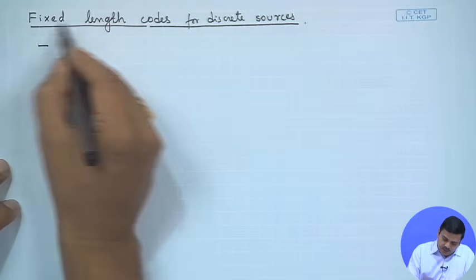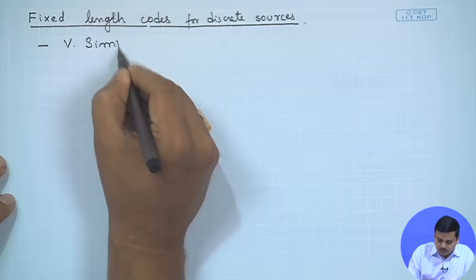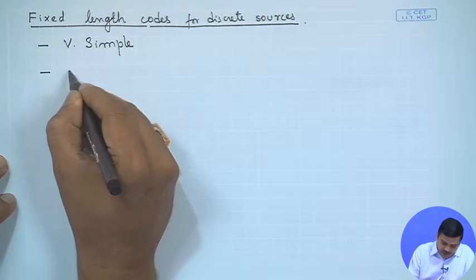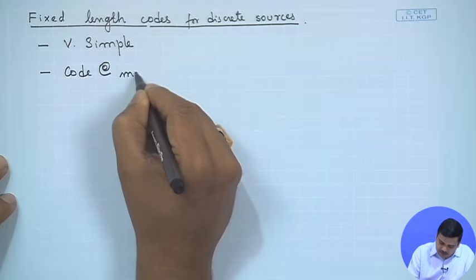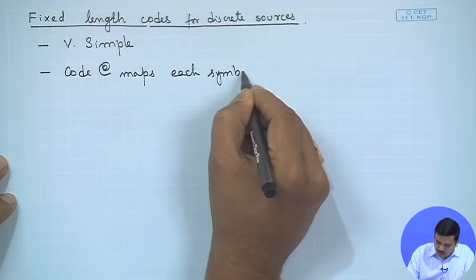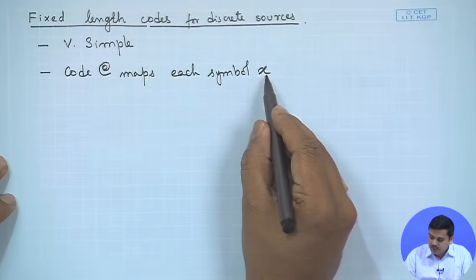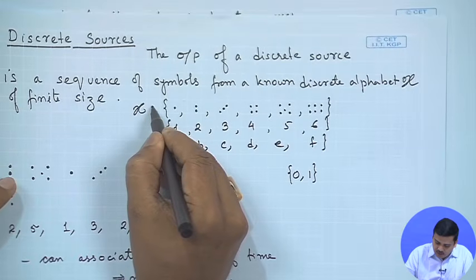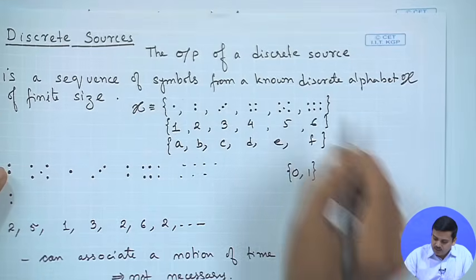So one of the characteristics of these fixed length codes is that they are very simple to use, very easy to understand. We would define a code with a curly C which maps each symbol x. So x can take values 1, 2, 3, 4 or A, B, C, D, and this capital X is defined as this particular set, and these individual ones are x.